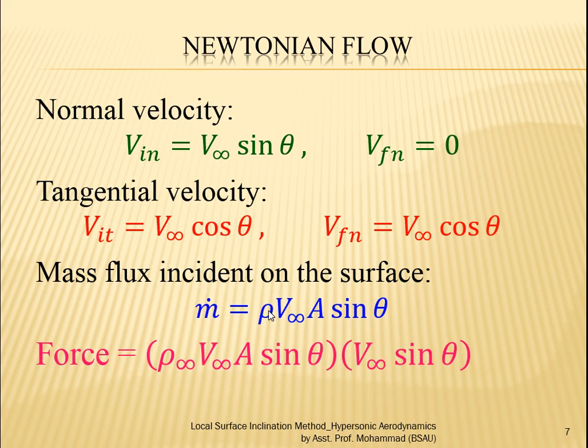The force will be given by the rate of change of momentum. So the mass flow rate times the change in velocity gives the rate of change of momentum, and that is nothing but equal to force as per Newton's second law, as we know very well.